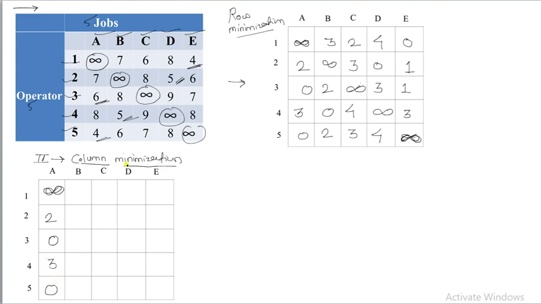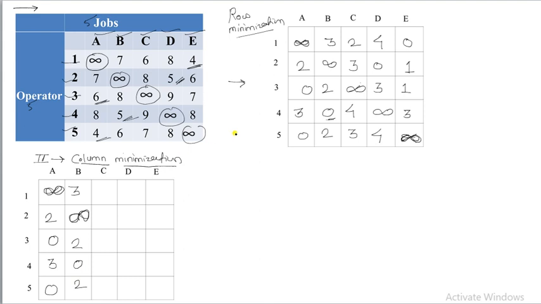Okay, in the second column, first we'll update the restriction, and then we'll start with the operation. The smallest value is 0, so we'll write as it is. 3 minus 0 is 3, 2 minus 0 is 2, 0 minus 0 is 0, 2 minus 0 is 2.